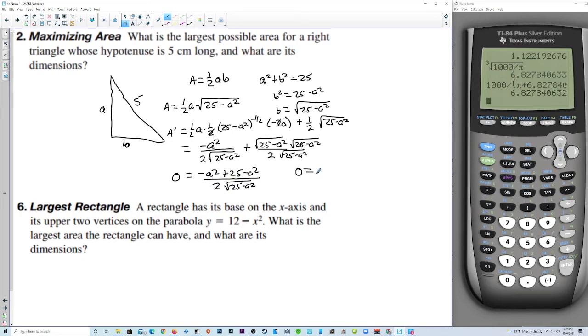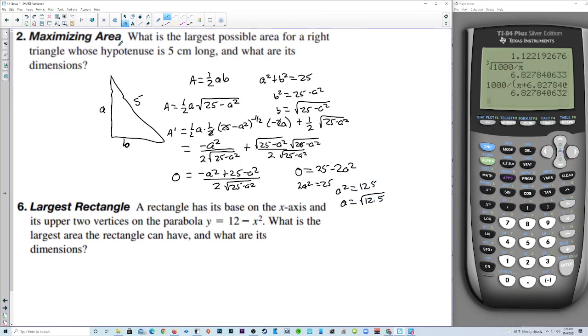So 0 is equal to, now we care about where the derivative is 0, so we have 25 minus 2a squared. So 2a squared is equal to 25. A squared is equal to 12.5, so a is equal to the square root of 12.5.